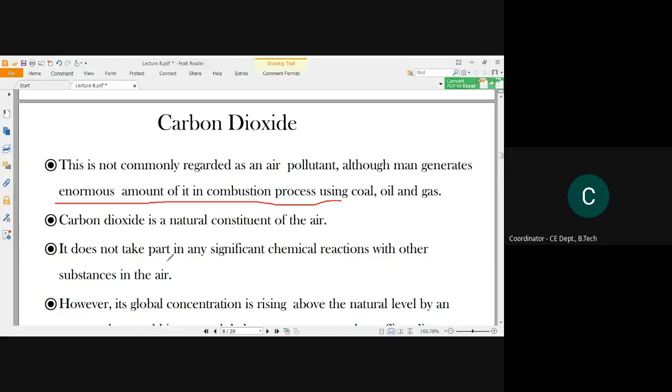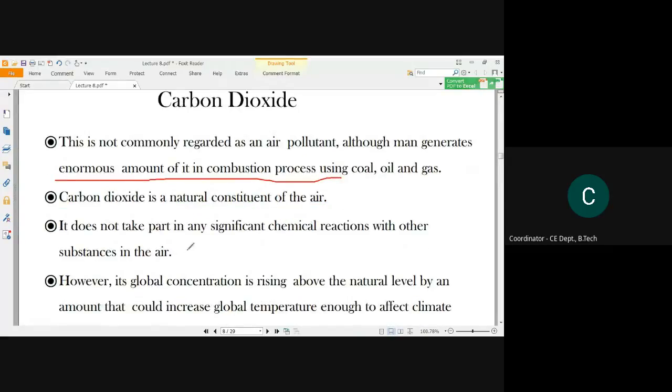It does not take part in any significant chemical reaction with other substances in air, unlike carbon monoxide, which has the tendency to combine with other components and create an air pollutant. Carbon dioxide doesn't have that tendency.